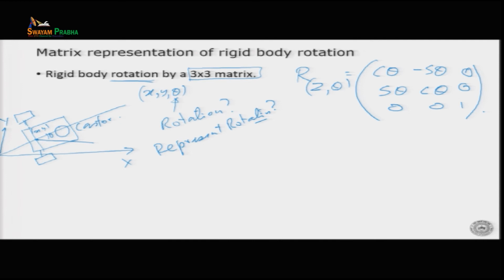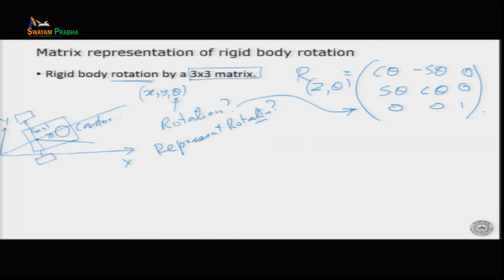So, this rotation is being represented like this now. We can have multiple rotations, and this can have multiple properties. For example, this rotation matrix is a 3 by 3 matrix having 9 elements, but if I consider its columns to be x, y and z, these are unit vectors, which are basically the axes.